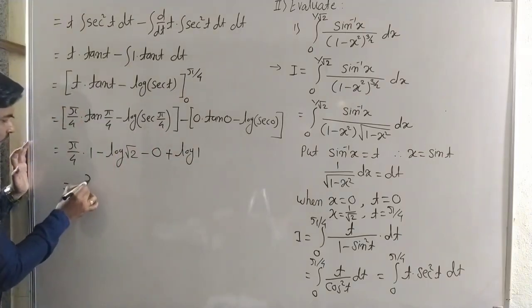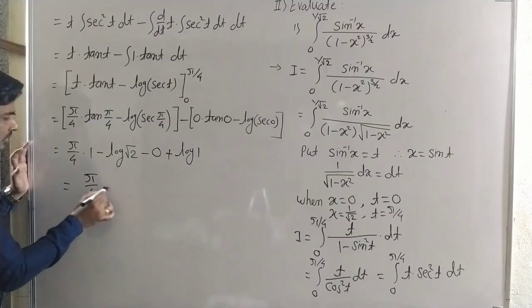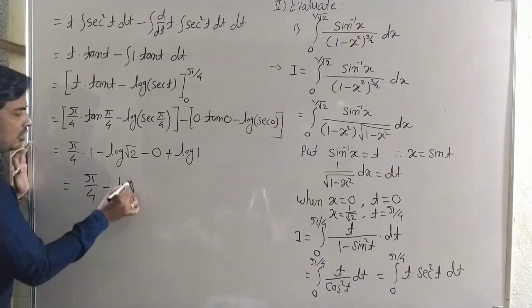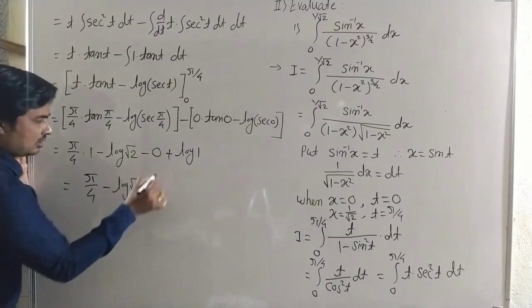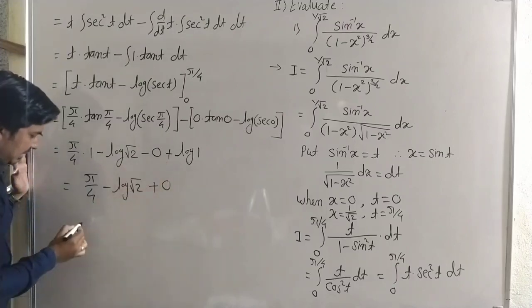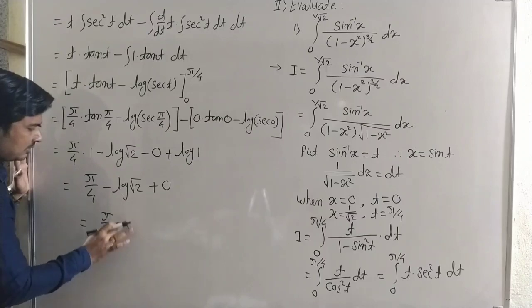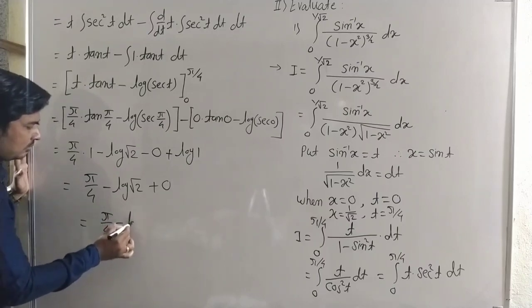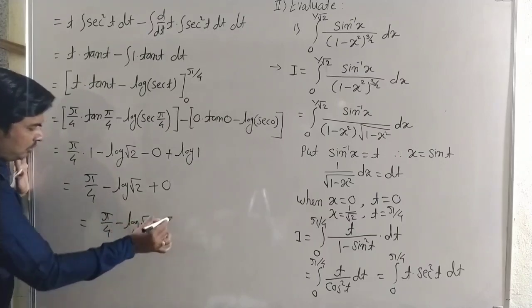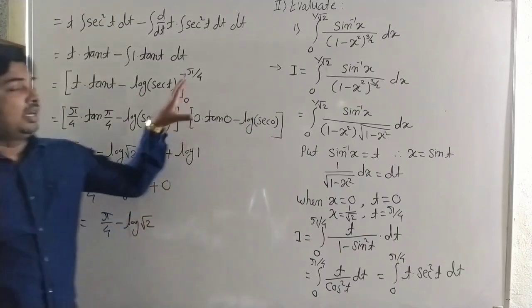Therefore it is pi by 4 minus log under root 2, plus 0. And then the last answer is pi by 4 minus log under root 2. Okay, here see carefully, definite integral.